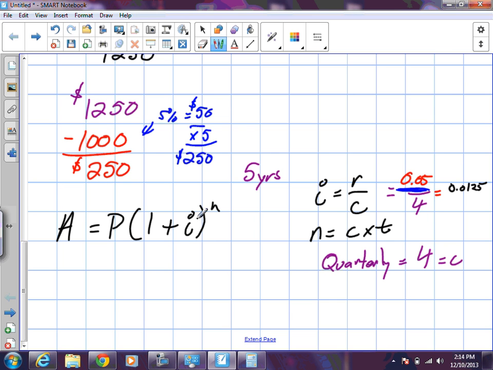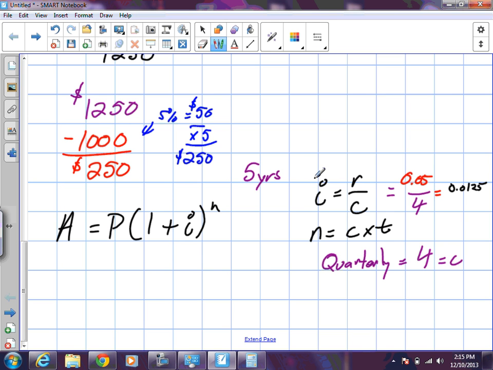So technically, if I add this together or multiply this by 4, I get my 5%, so I know I'm making my 5%. But every quarter, I earn this much interest, and I have a little bit more money in the bank. So from quarter to quarter, I'm earning more interest on the little bit more money I have in the bank. In other words, it's accumulating quicker. The more compound periods, the more money I'm earning interest on.